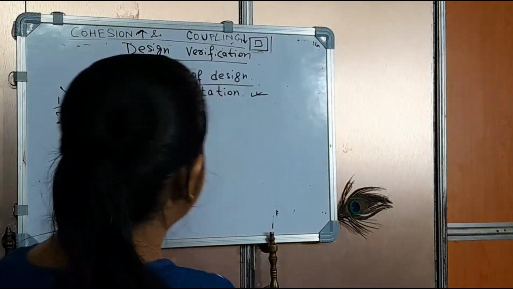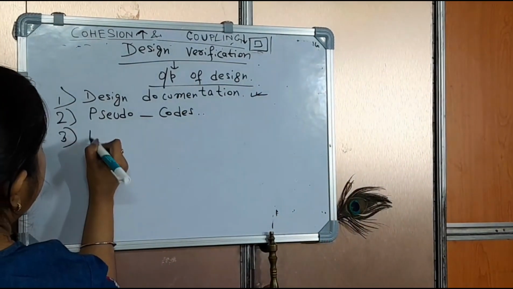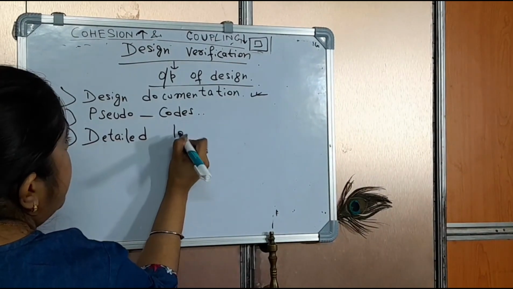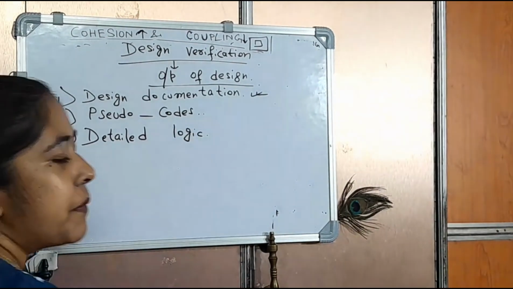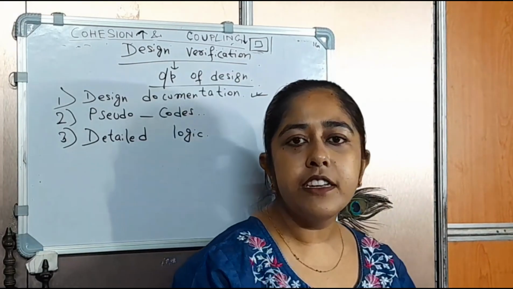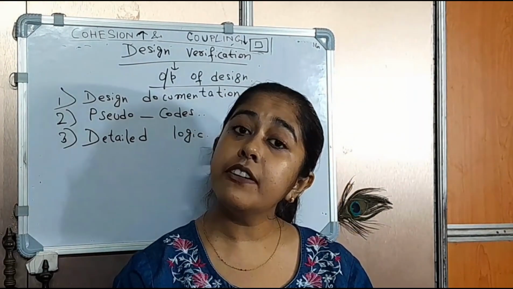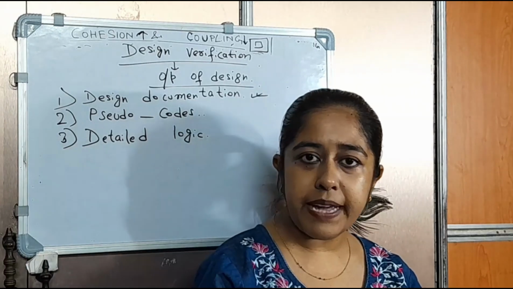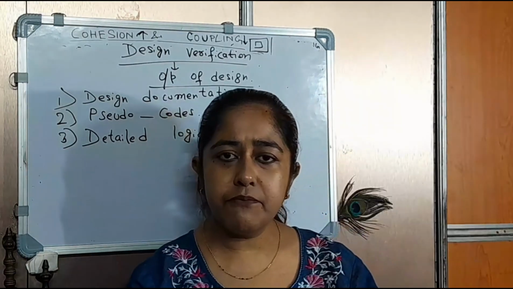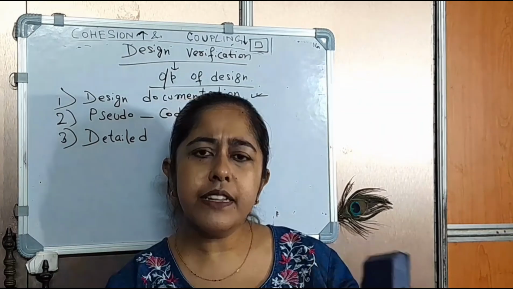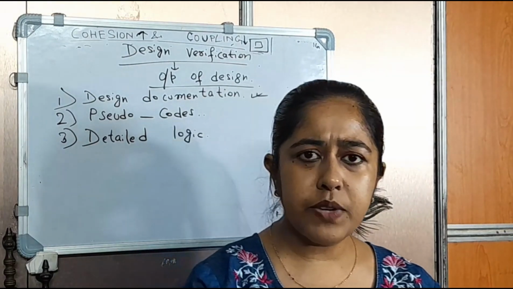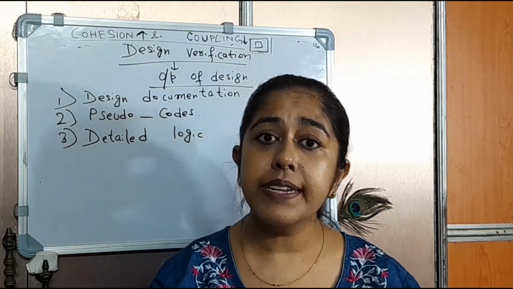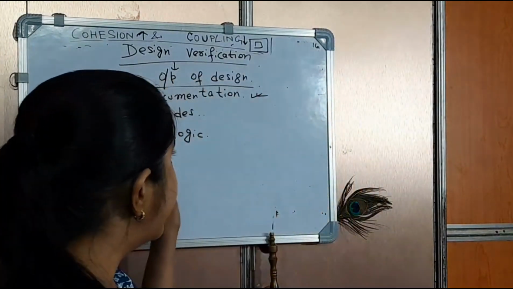Third one is the detailed logic. After requirement analysis and verification, what were we getting? We were getting the basic requirements which were given by the customer, mainly a category of what kind of requirements there were. But here we are getting a detailed logic.